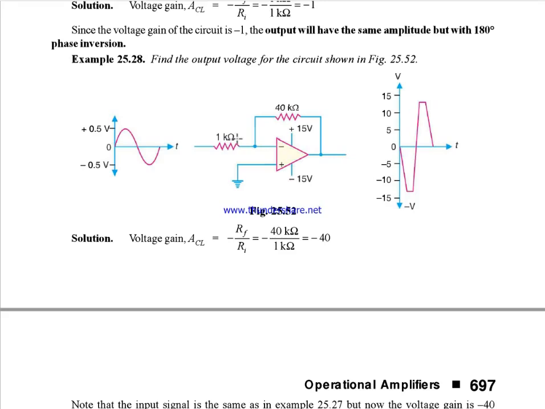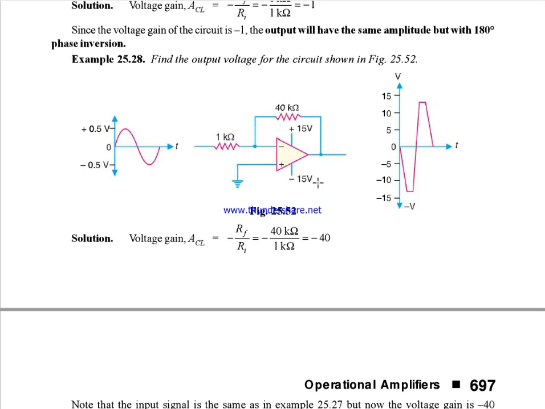But the problem is that I have told you that if we are giving a supply voltage V supply, then there will be a saturation voltage of V supply plus or minus 2. That is, since it is a 15 volt supply, the saturation voltage will be plus or minus 13.